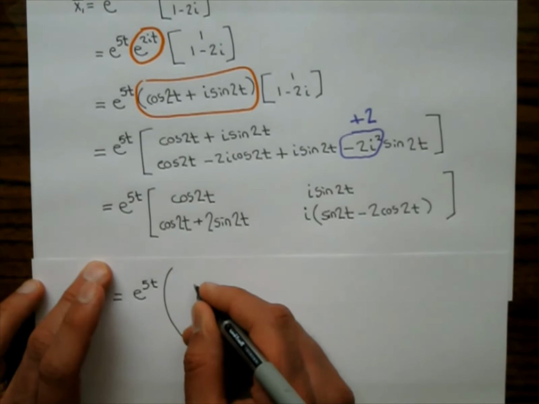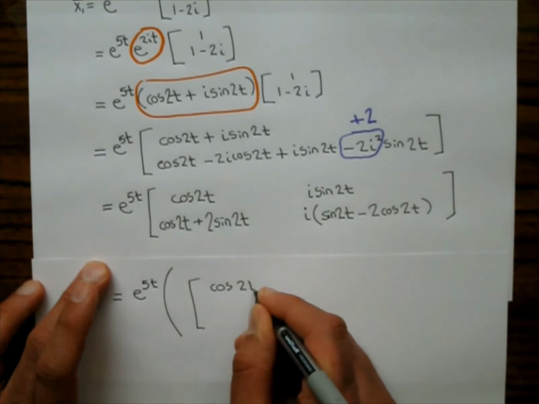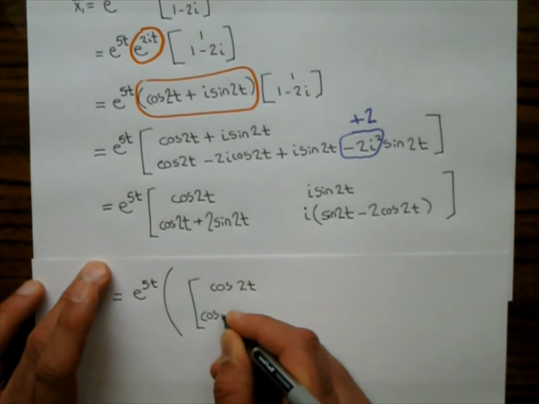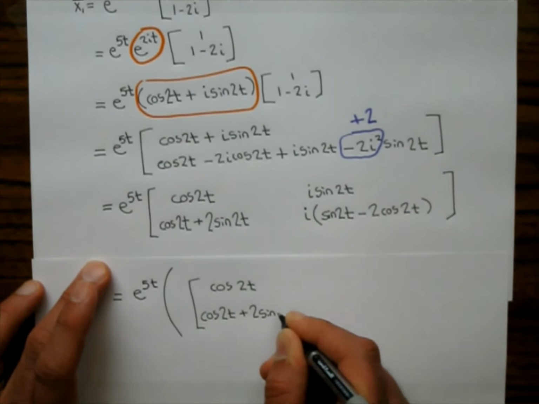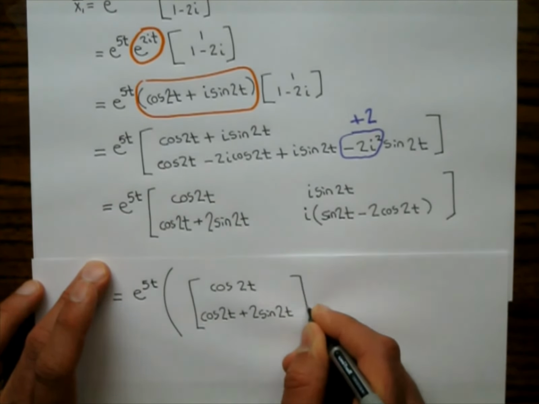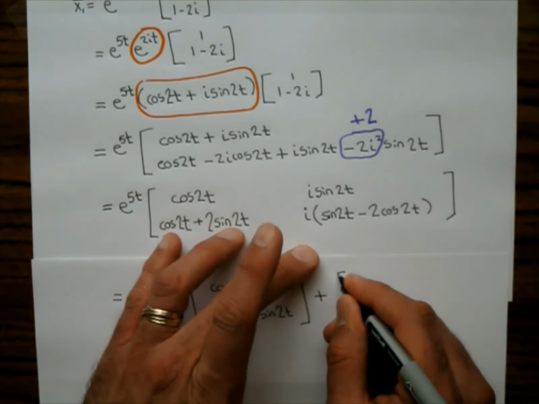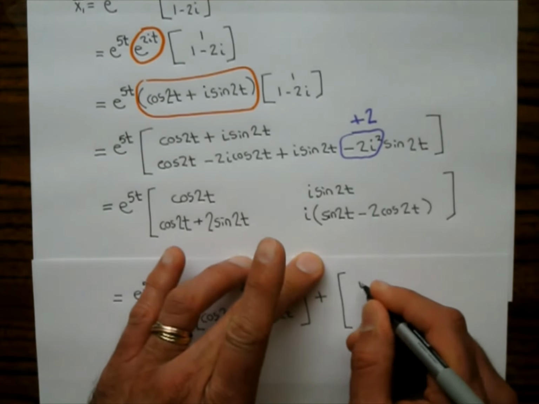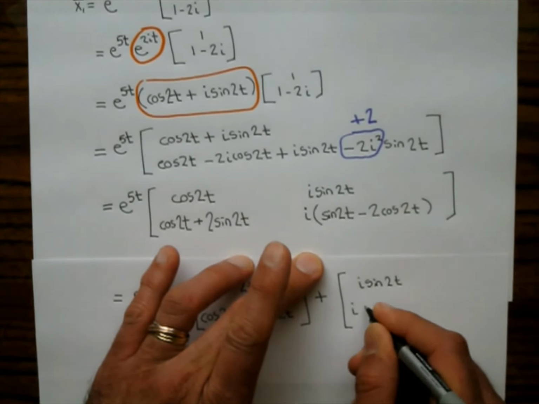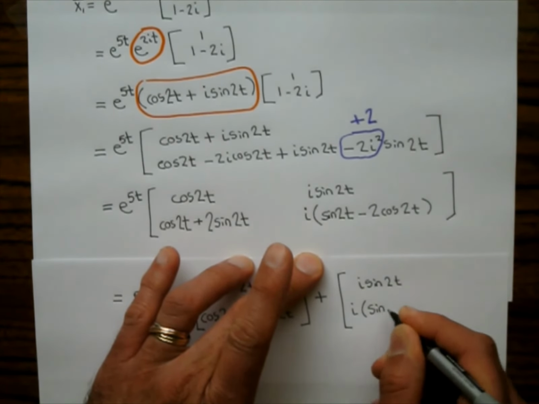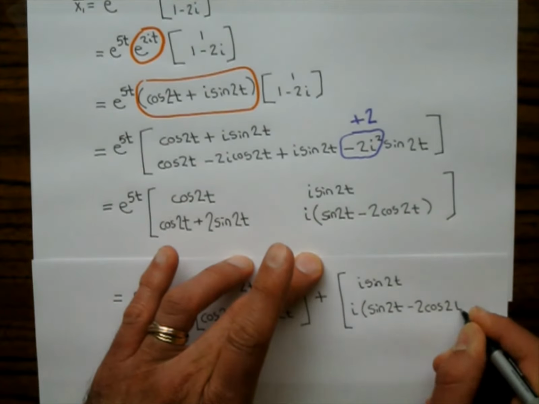This one is the cosine 2t, cosine 2t plus 2 sine 2t. And then this one is plus i sine 2t, i sine 2t minus 2 cosine 2t.